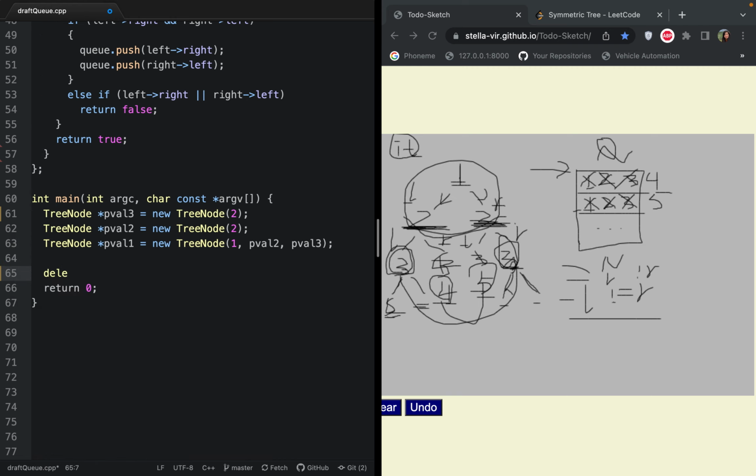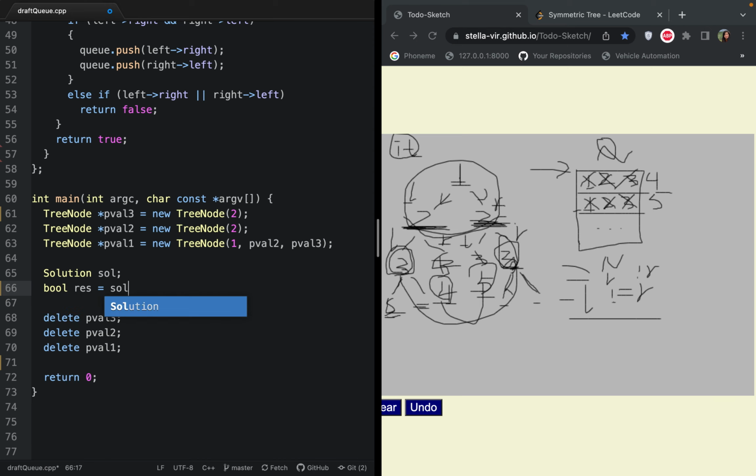And just remember to delete the node pointers, to deallocate the memory. Here, the class instance, let's call it so, and we need the result to be a boolean.